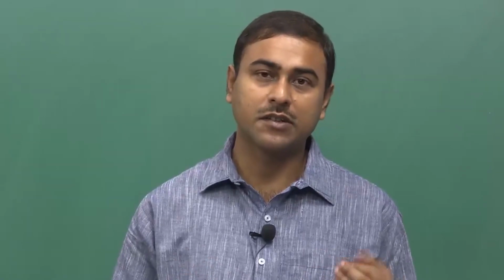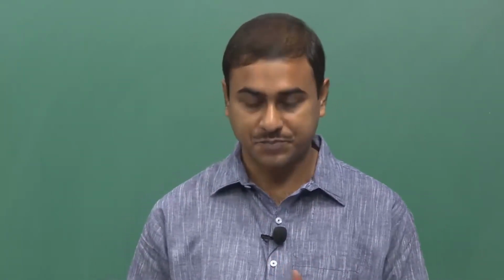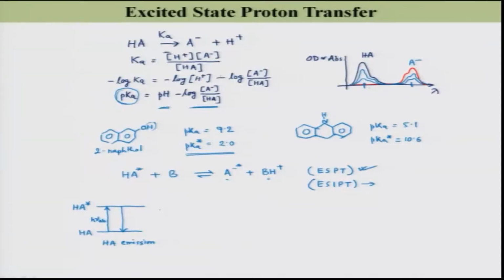Typically, if you dissolve it in water, then water will form H3O plus, the conjugate acid of the water. In that case, HA star will be able to donate its proton to form the A minus. If I now draw this A minus, this is my A minus energy state, here is the ground state, here is A minus star.